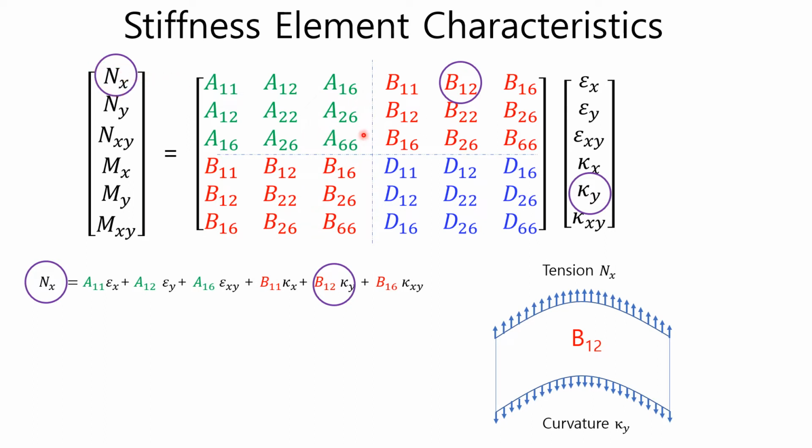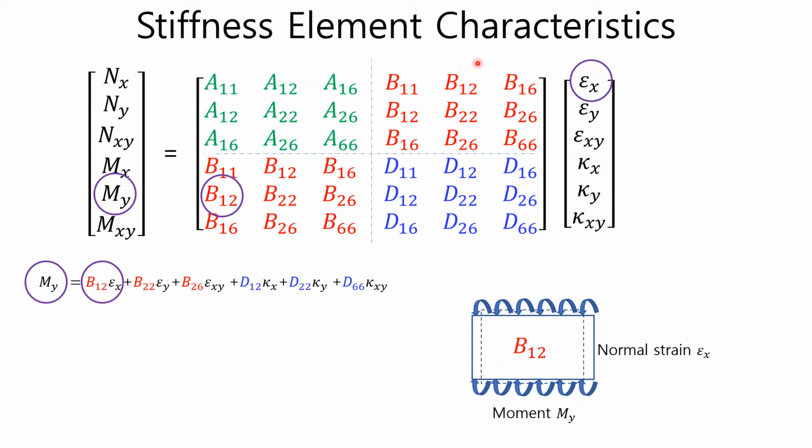This can be described as in this picture. The plate curvature kappa y produces tension force Nx in proportion to B12. Its contribution to Nx is 1 out of 6 sources.